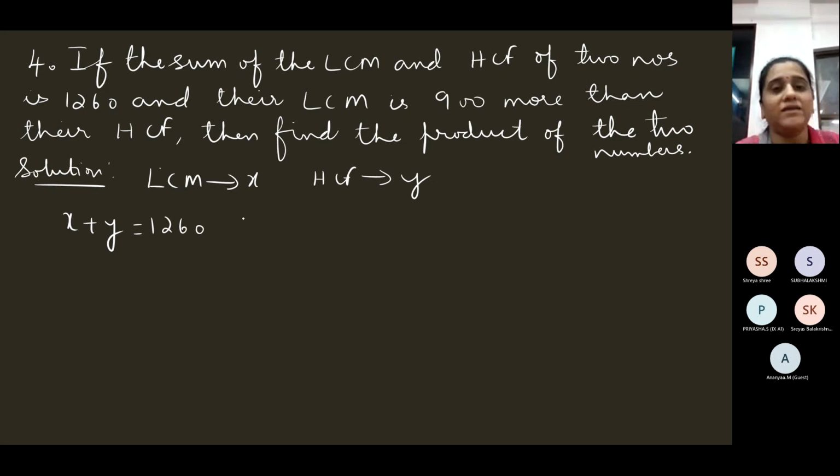And then their LCM is 900 more than their HCF. LCM is more, HCF is less. What is the difference? 900.